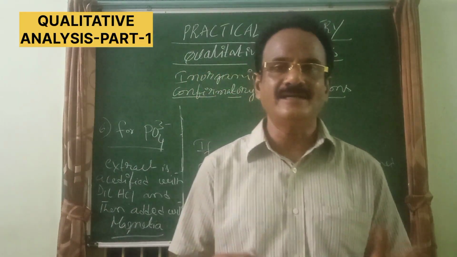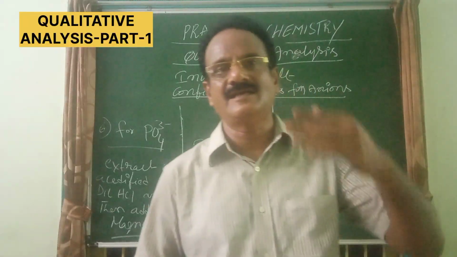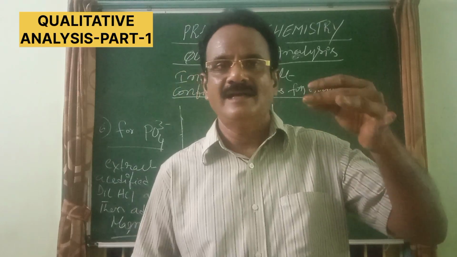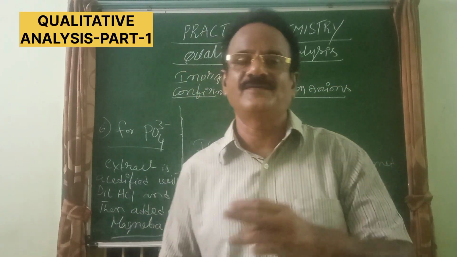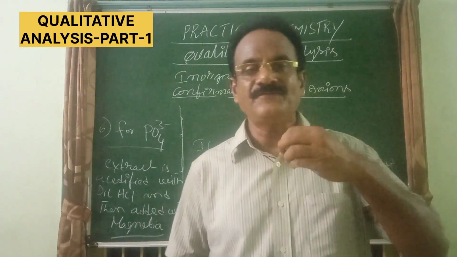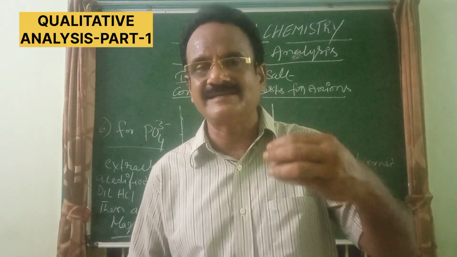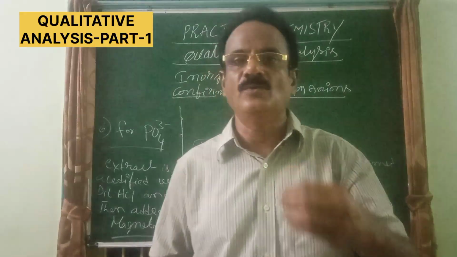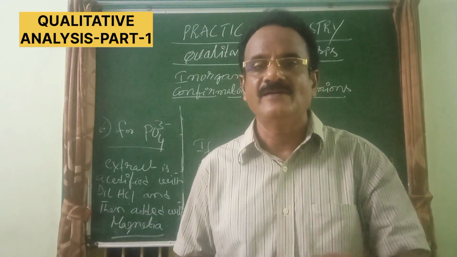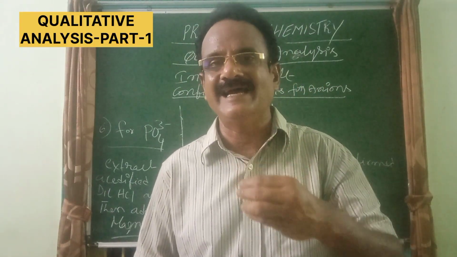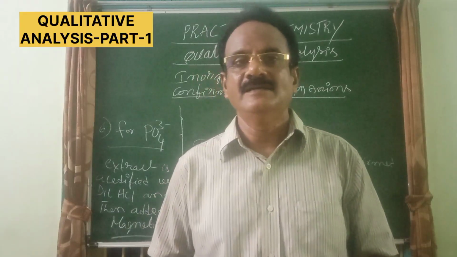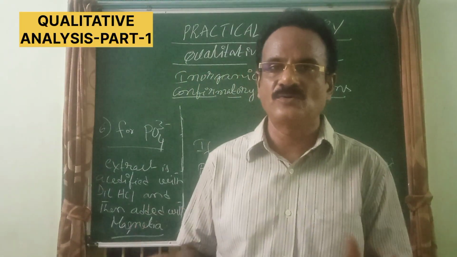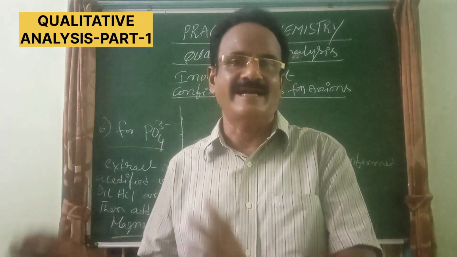Okay, during the confirmation of anion, there are several steps: preliminary tests, dry tests and then confirmatory test. If the analyst identified the anion in the identification test or dry test, then only he has to proceed for confirmation of that anion. So after getting confirmation of the anion, then he has to go on to analyze the cation.